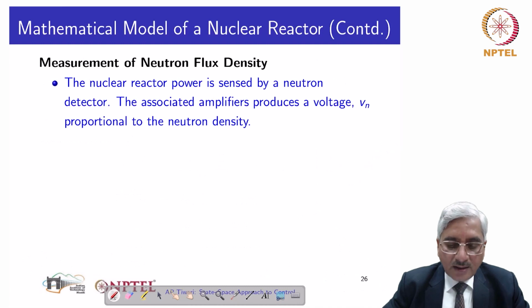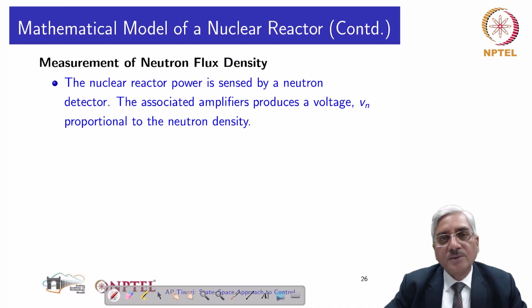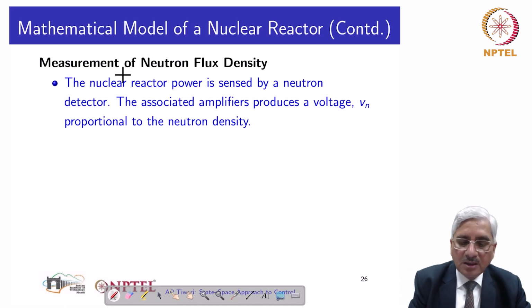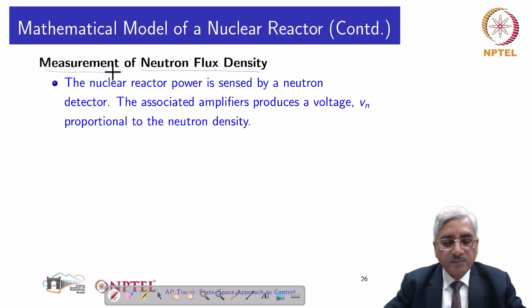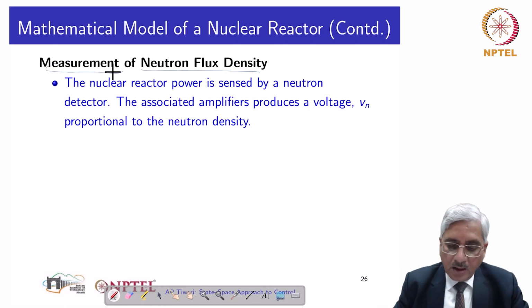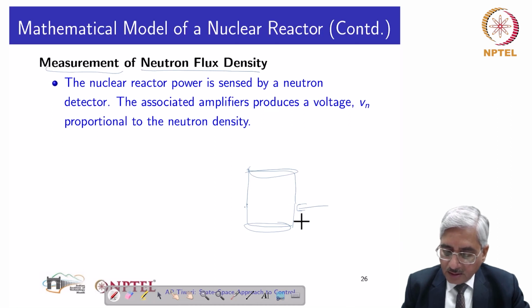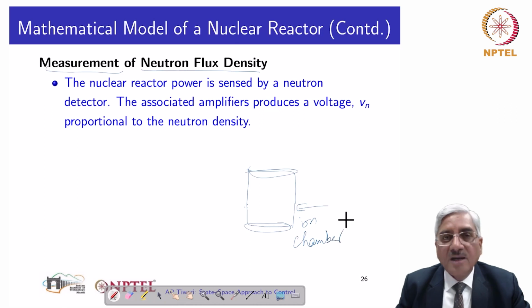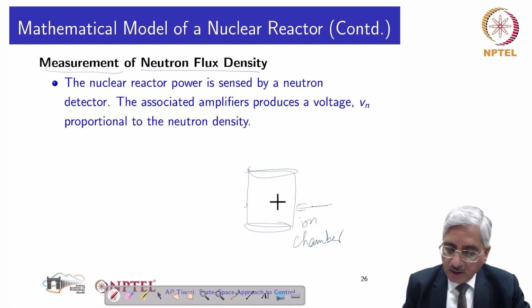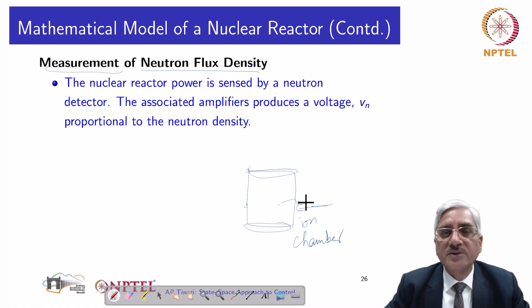Now, as I said, for a control engineer, the measurement of neutron flux is important and there should be a way of controlling. So we will also model the instrumentation for the neutron flux density. So if I show this as the core, let us say the cylindrical core, then somewhere near it, just at the boundary of the core, there is a so-called ion chamber. And this ion chamber gives current proportional to the incident neutrons in its chamber.